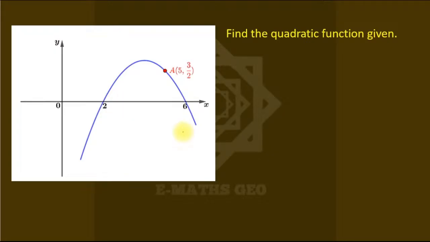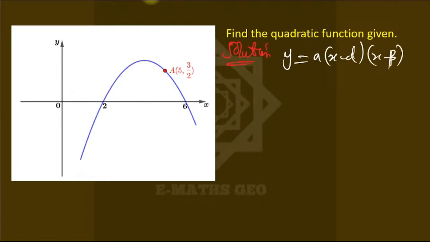So now we use our formula, which is y equals a times (x minus alpha) times (x minus beta).